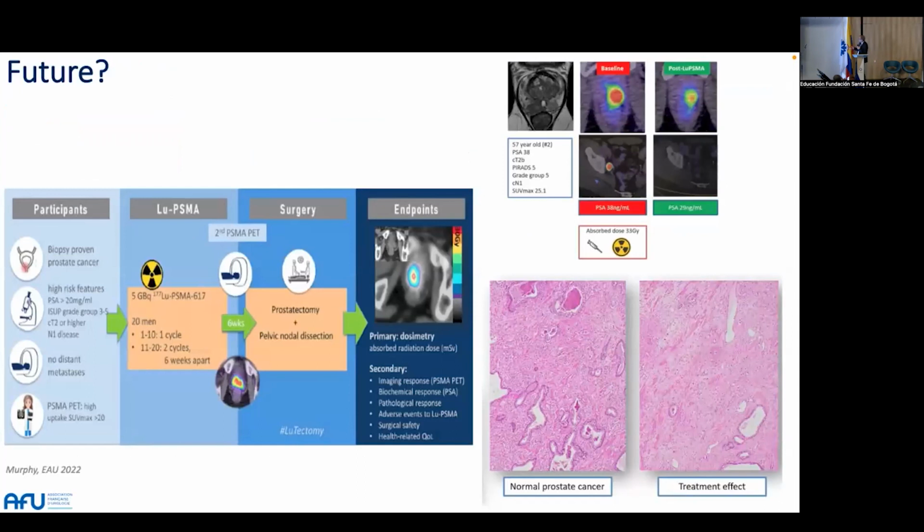Certainly for PET PSMA, the future is the link with lutetium that will kill the cells directly. I mentioned this study this morning, and clearly we are waiting for the endpoint and the end of the study to have answers concerning the use of lutetium in high-risk prostate cancer patients who had surgery.